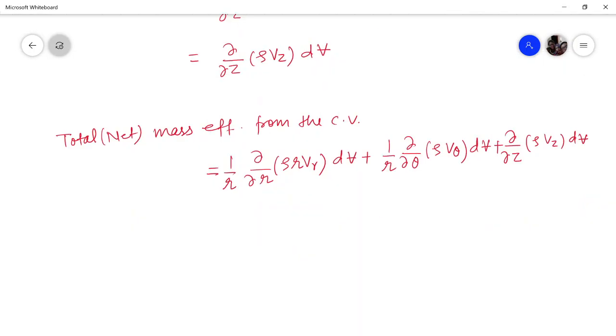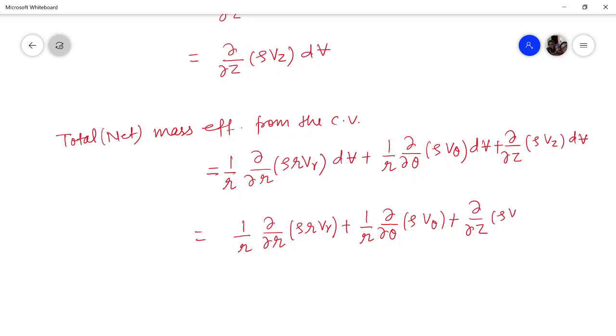So this is the net mass efflux from the control volume. You can take this dv common. So this is 1 by r del by del r of rho r vr plus 1 by r del by del theta of rho v theta plus del by del z of rho vz. Okay, so this is the net mass efflux from the control volume in all directions.